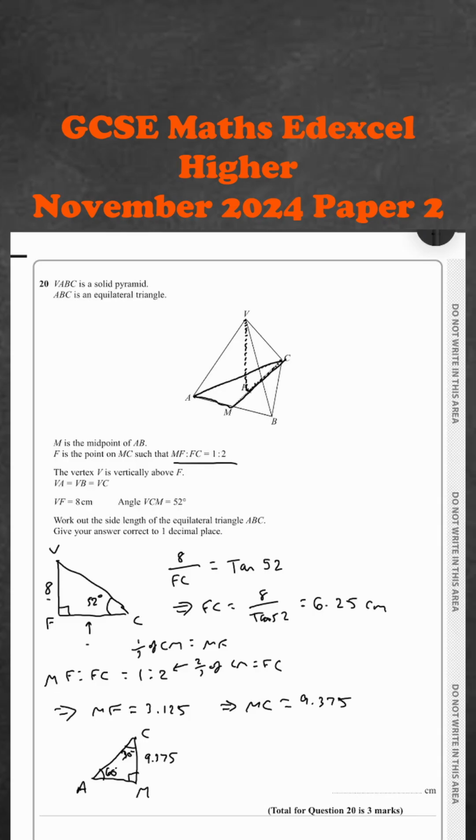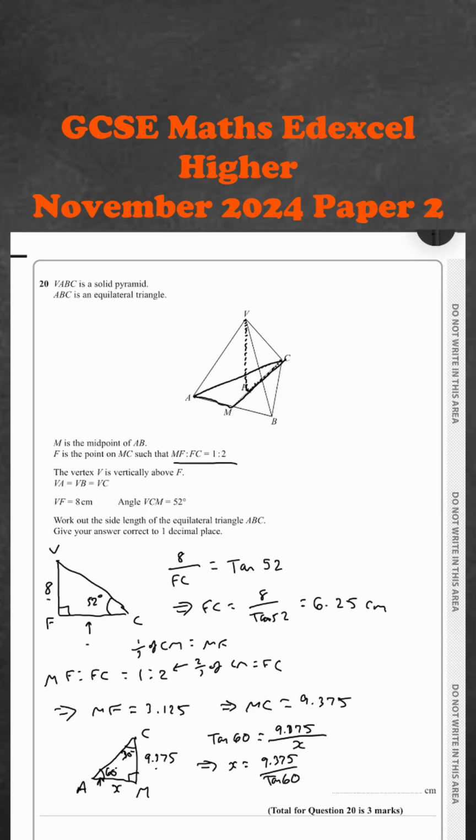What we need to do now is take tan again. So we will use this angle here and call this X. So 9.375 is the opposite. So tan of 60 equals 9.375 over X. Therefore, X equals 9.375 over tan 60.